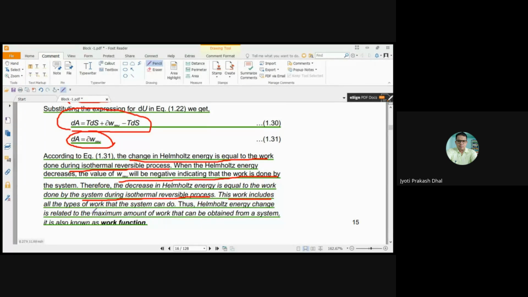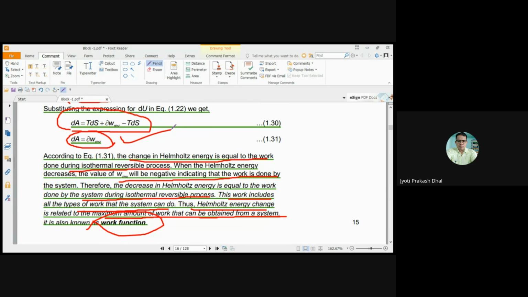This work includes all types of work that the system can do. Thus, the Helmholtz energy change is related to the maximum work that can be obtained from a system, and hence it is also called the work function. From equation 1.31, you can see the change in Helmholtz energy deals with the reversible work done by the system.